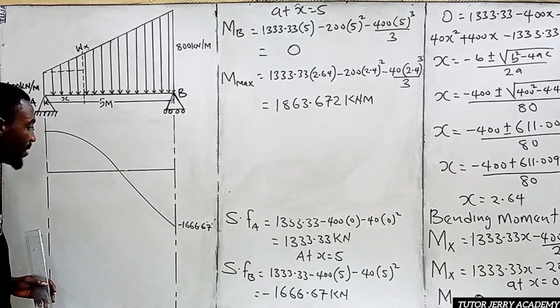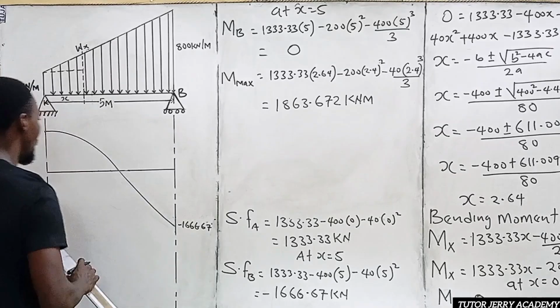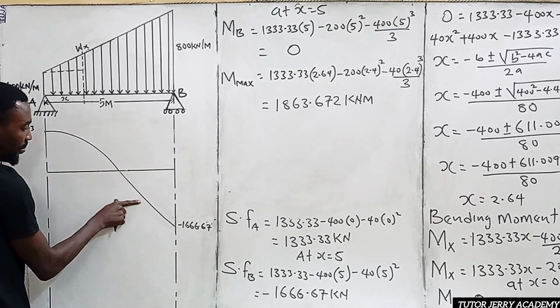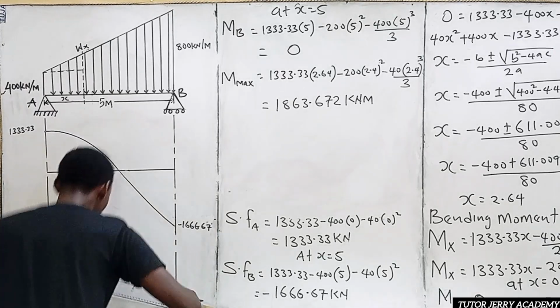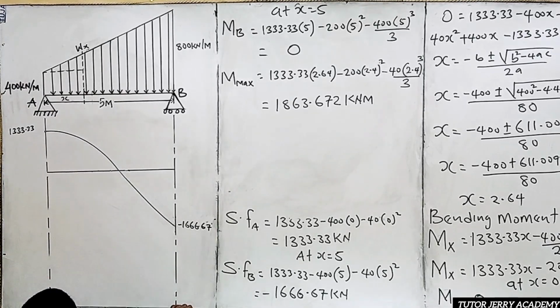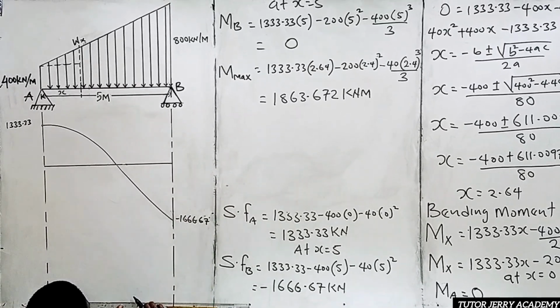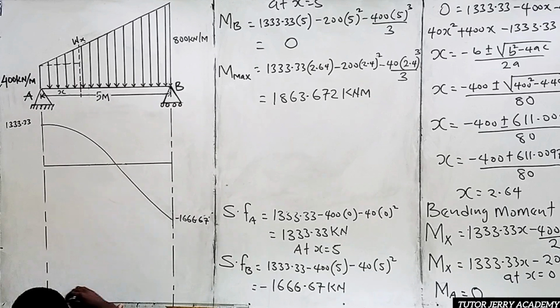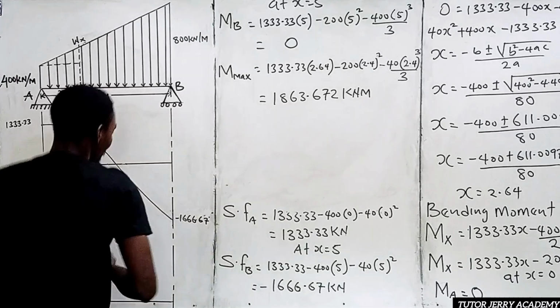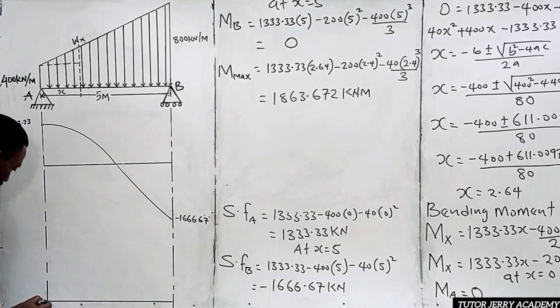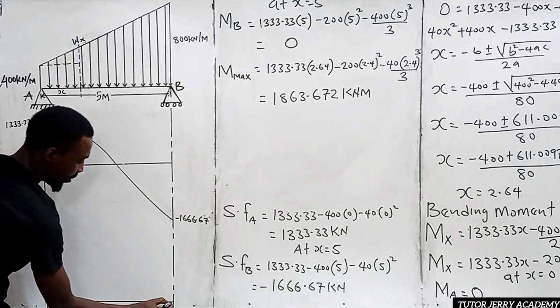All right. So now let's draw the bending moment diagram. So let's take this down. Now you observe that the bending moment at point A is 0. The bending moment at point B is also 0.